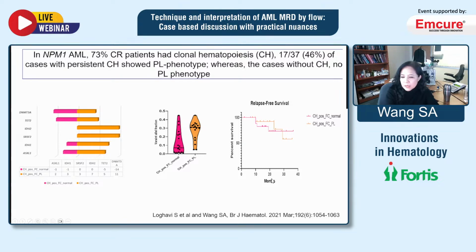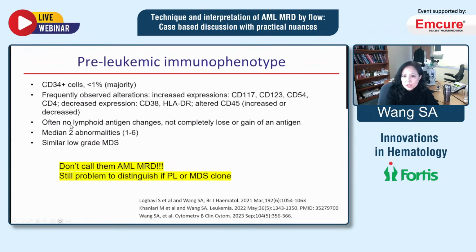But for clinicians, very important, don't continue to treat. Pathology needs to report these are not AML MRD. They are aberrant, but we favor these to be pre-leukemic cells, right? So it's very important not to continue to treat the patient for residual AML. We also summarized in several papers what the immunophenotype for pre-leukemic cells is.